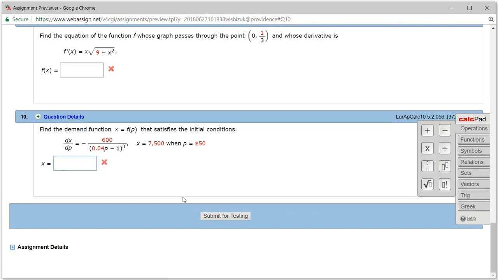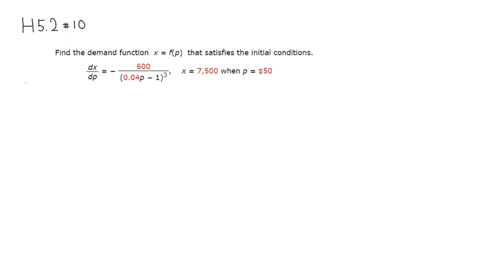Let's look at homework 5.2, problem number 10. Let's find x from dx over dp. In order to find x, this is actually x of p, we're going to find the antiderivative of negative 600 over quantity 0.04p minus 1 cubed with respect to p.